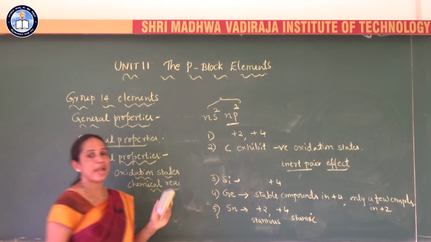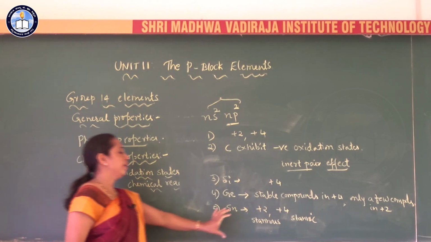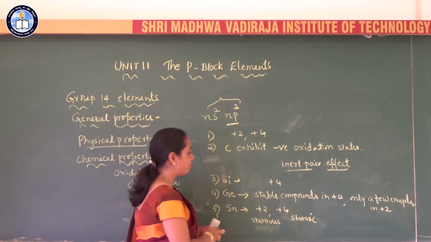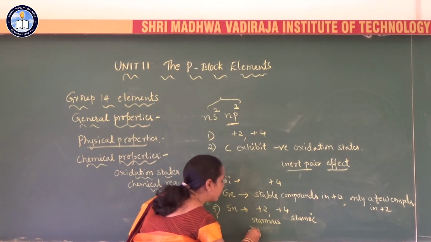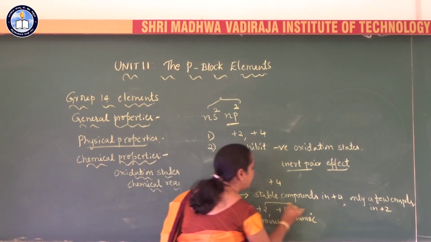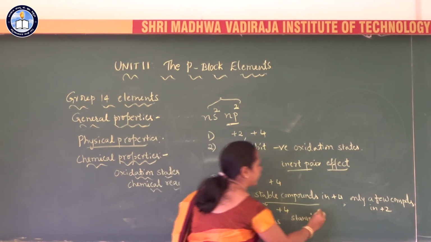Stannous and stannic. Tin in +2 oxidation state is found to be a good reducing agent. Why? Because when it is in the +2 state, it easily oxidizes to the +4 oxidation state.